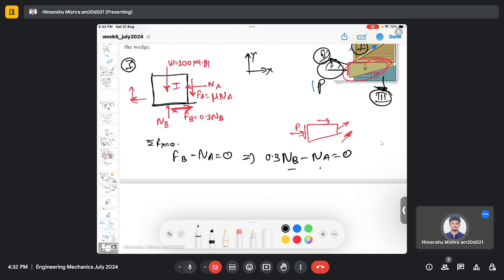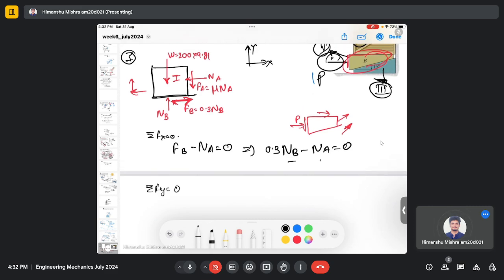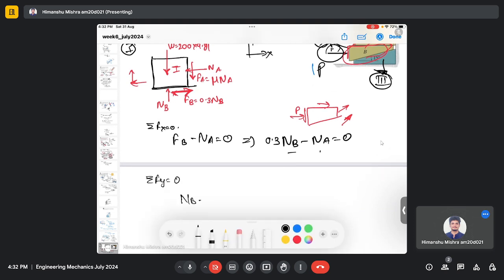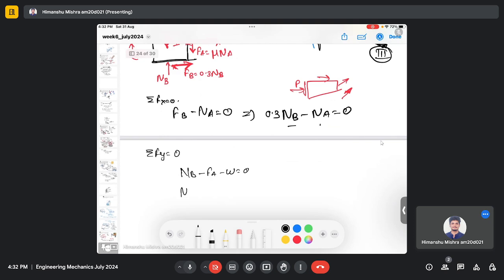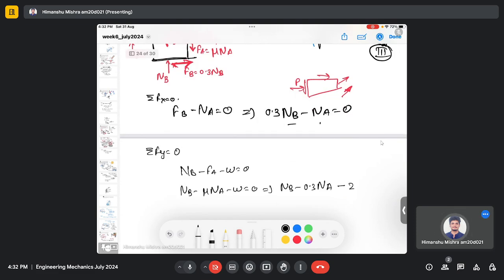So both are unknown. If you do the force balance analysis in the y direction, you will have weight as well as friction at A and normal reaction at B. So I can write this as Nb minus mu, which is 0.3 Na, minus weight, which is 200 multiplied by 9.81.